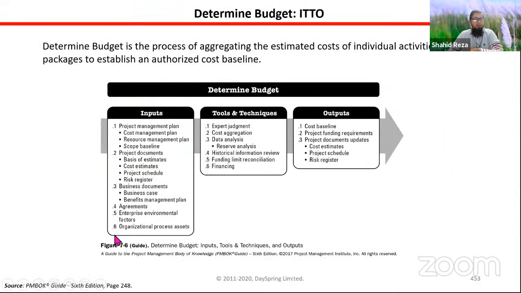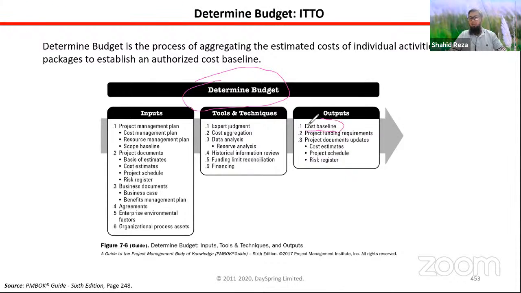Okay. So we have done the hardest part of the estimation. That means we have estimated all the activities cost in the last process, that is estimate cost process. Now determine budget. That means now we already have all the cost for all the activities, all the work packages from the last process. Now determine budget is actually accumulating or aggregating everything that we have already found and finding out the cost baseline or project budget.